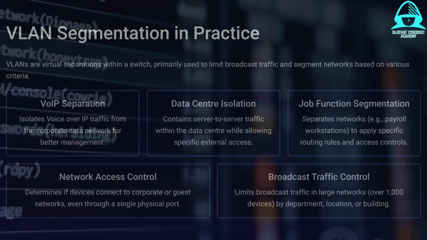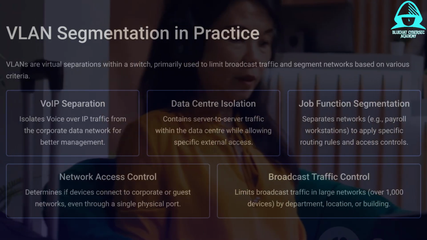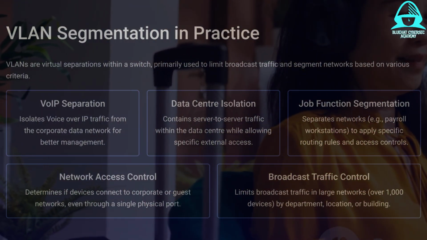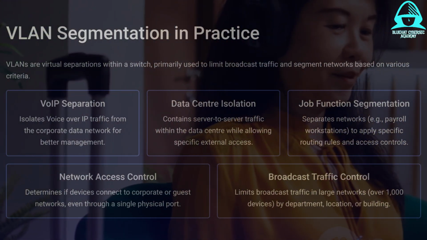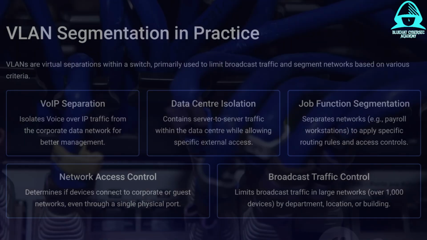Earlier, we also discussed network access control. These systems often use VLANs to determine whether devices connect to the corporate network or to a guest network. Even though a wireless access controller may connect to a single physical port on a network switch, the VLAN associated with the device's connection on the wireless access controller determines which VLANs the device operates on and which networks it is allowed to access.